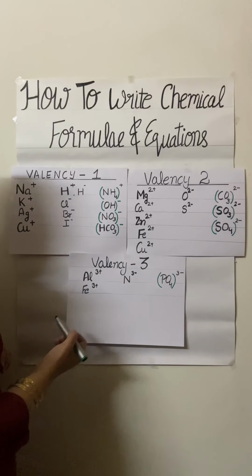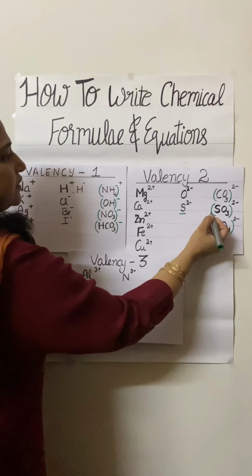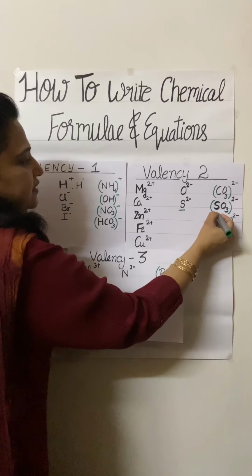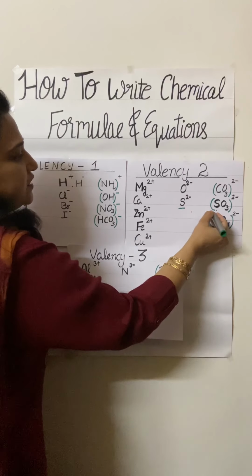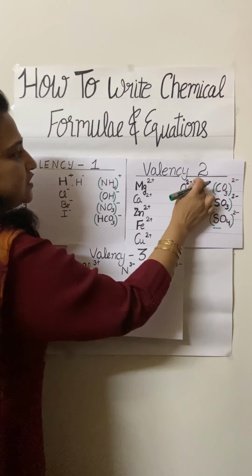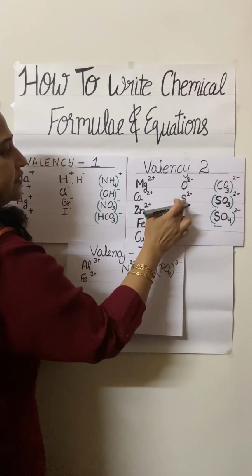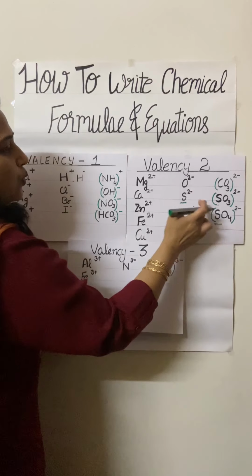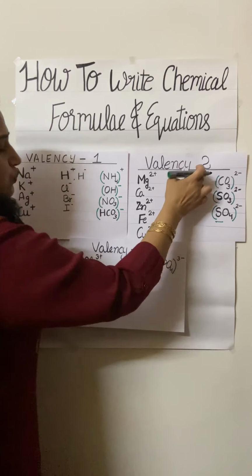Tip number 2, children, just memorize that sulfide, sulfite and sulfate, all these 3 have valency 2. So this can be your tip number 2: remember that sulfide, sulfite and sulfate fall in the category of valency 2.